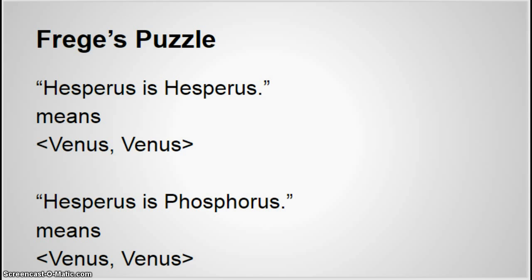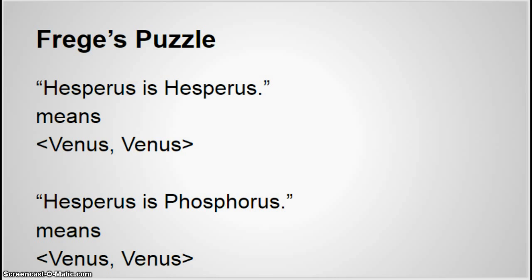So think about it this way. The name Hesperus, given our theory so far, just means Venus, if we're still buying the naive semantics line. So the meaning of "Hesperus is Hesperus" is just this complex with Venus twice.